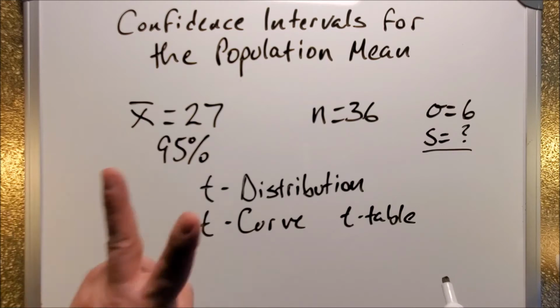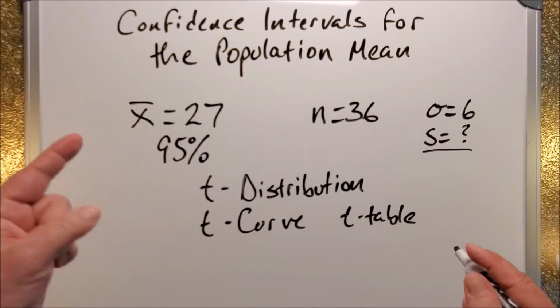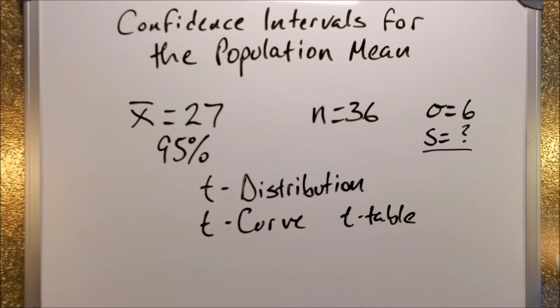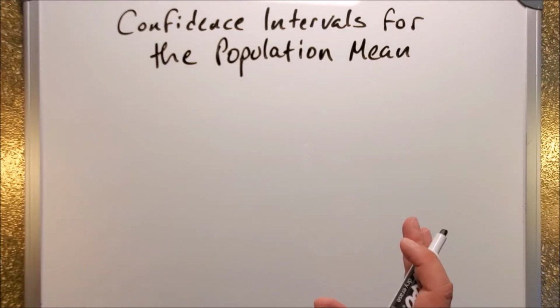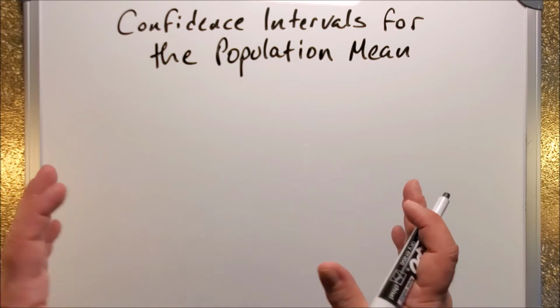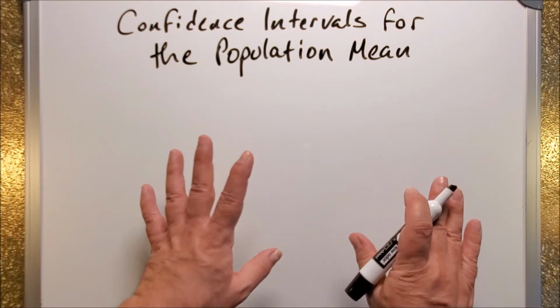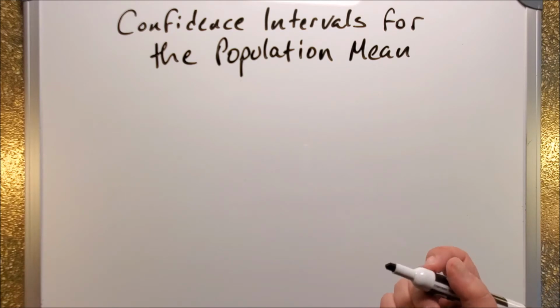There are two circumstances under which a person has to utilize the t-distribution rather than the normal distribution. I'm going to lay those out for you. If either of these two circumstances apply, you stop using the z-table, the normal distribution table, and you use the t-table instead, okay?